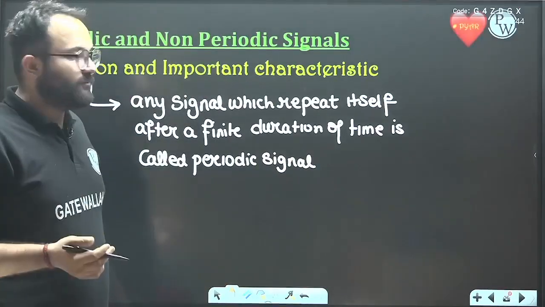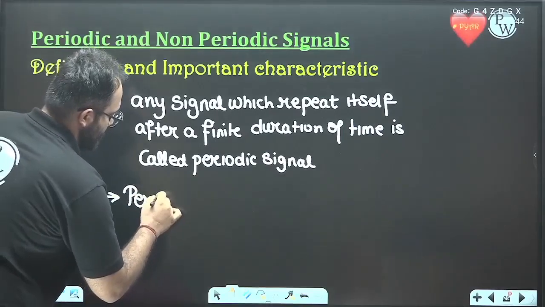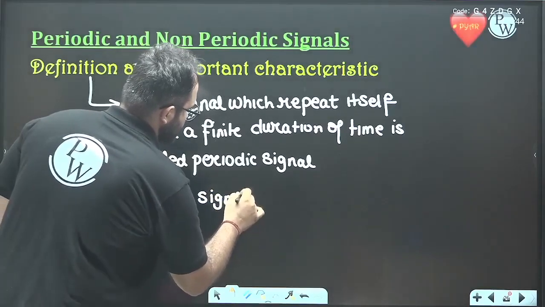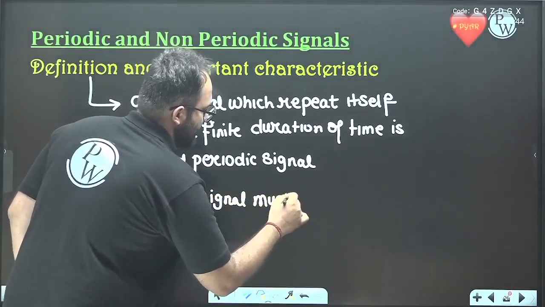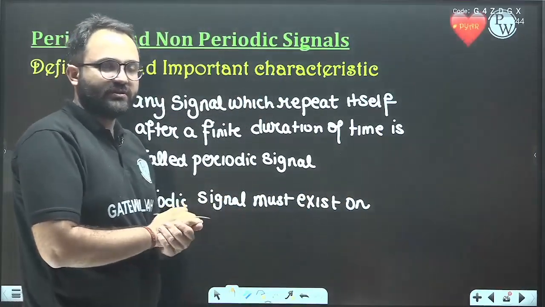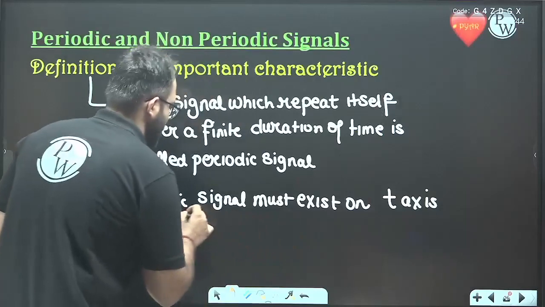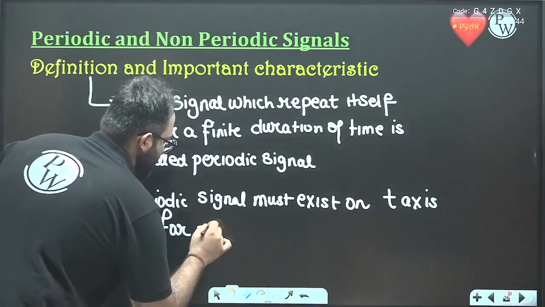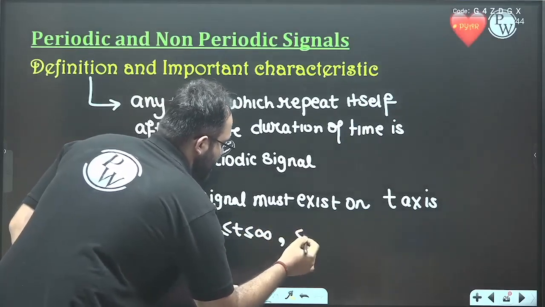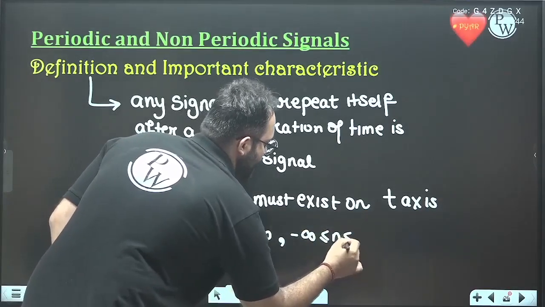And the second very important characteristic is the periodic signal must exist on the time axis for the time range minus infinity to infinity, or minus infinity to infinity on the n-axis.